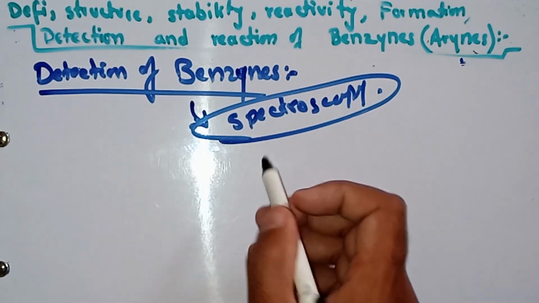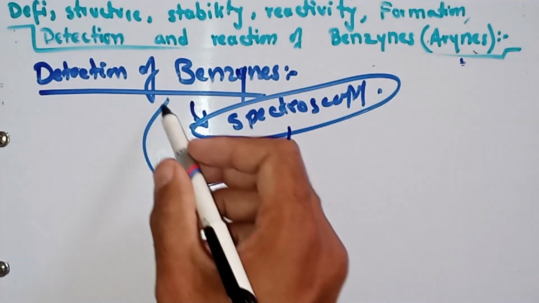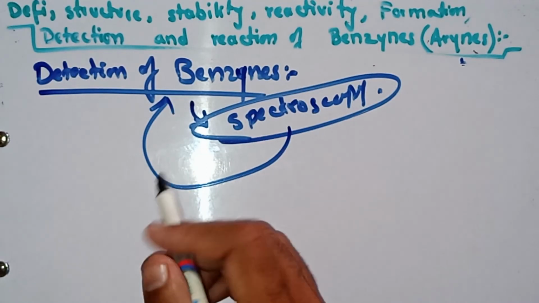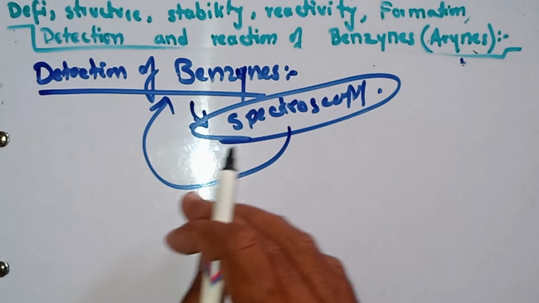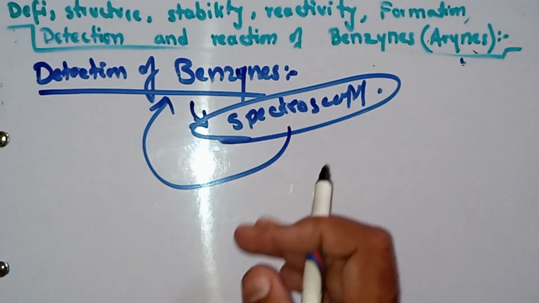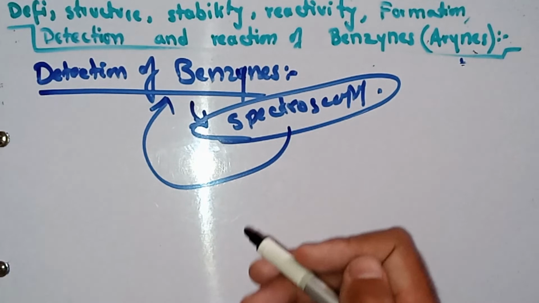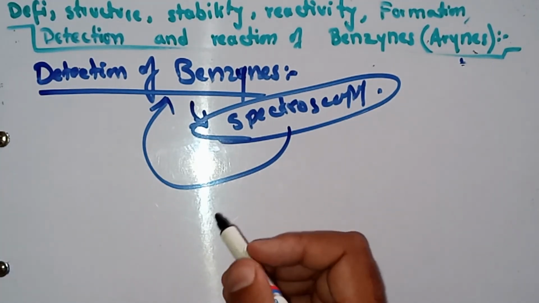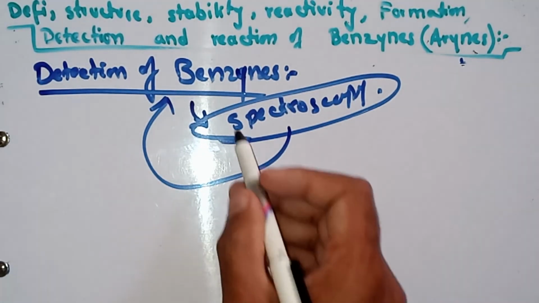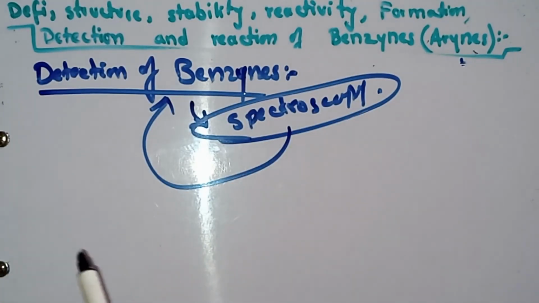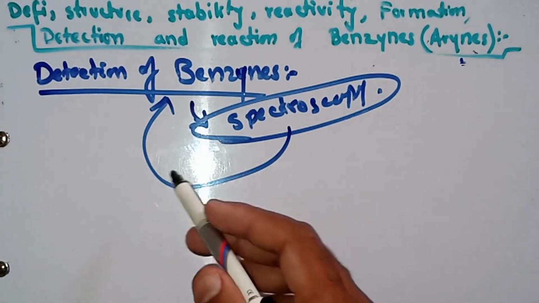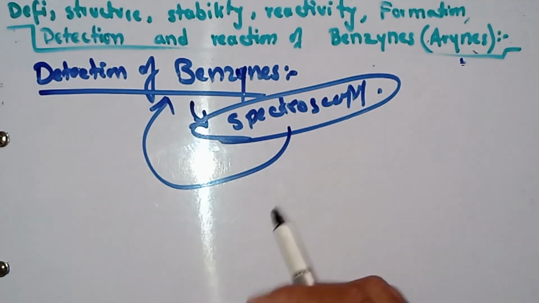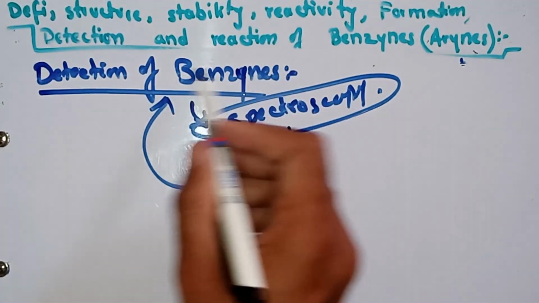Spectroscopy is the technique through which we can detect different compounds like benzynes, carbenes, nitrenes. They can also be detected in different compounds and different sources by spectroscopic methods. Benzyne can also undergo dimerization, and can be trapped through cycloaddition reaction, so we can detect benzyne in different compounds. Is it clear? Okay, the detection is clear.